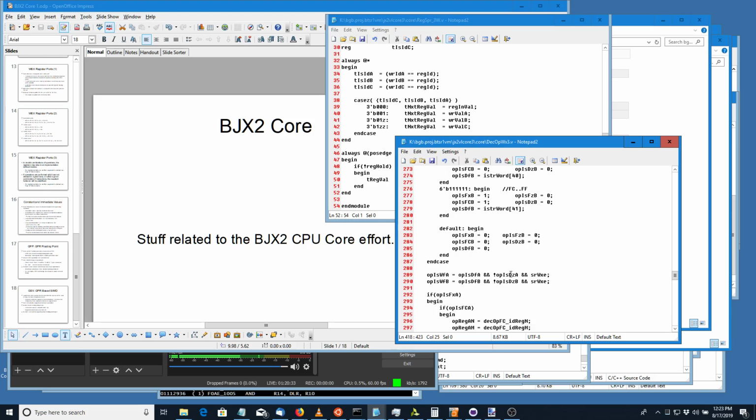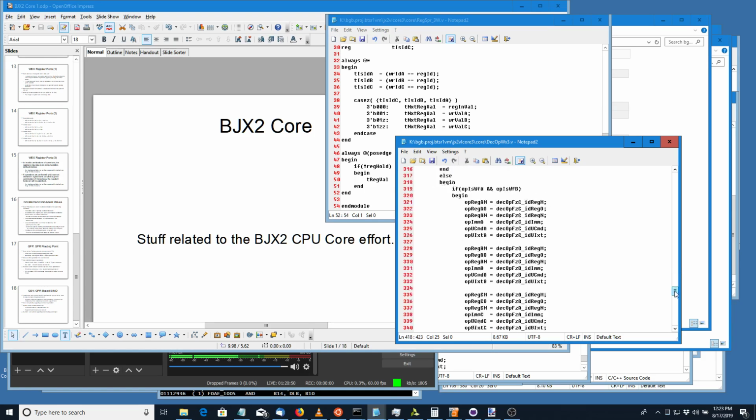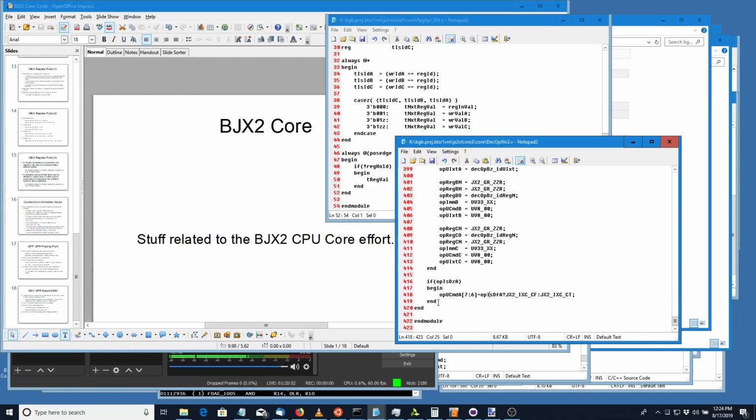So basically, if we got false path, but we're not looking at a predicated op and WEX is enabled, that means it's a WEX op. But if we are looking at a predicated op, then that means it's the predicate flag.